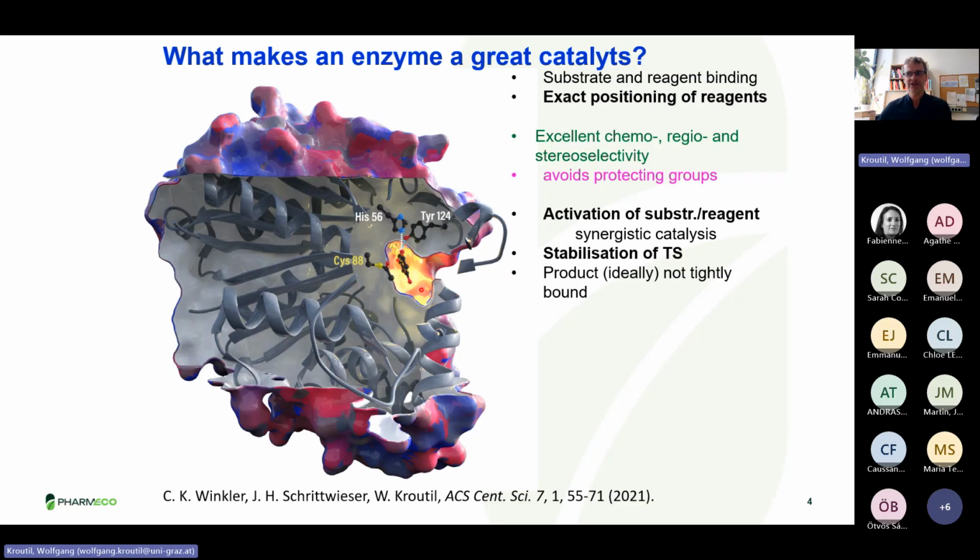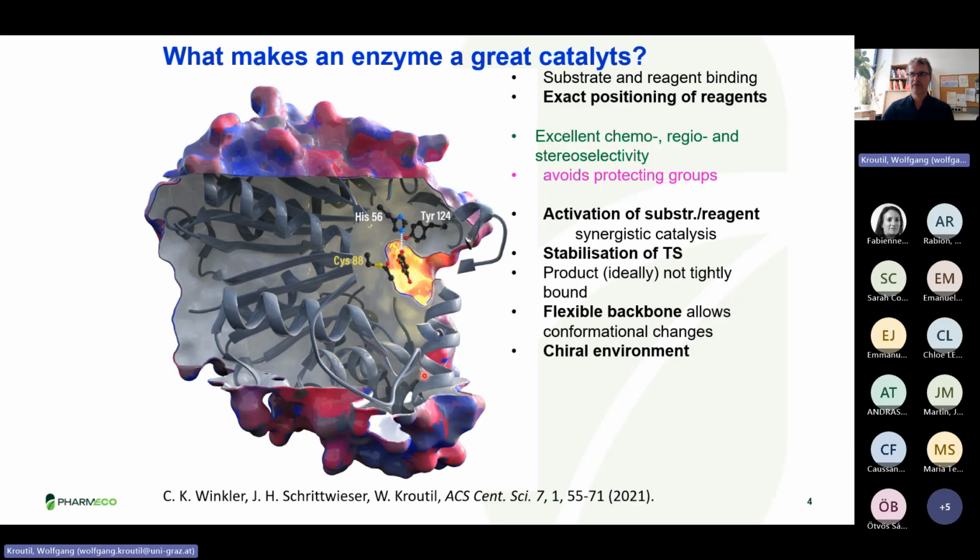This is a challenge and not fully understood yet, but maybe one aspect which helps there is that the backbone of the enzyme is rather flexible. Normally we have this picture of a rigid structure, but actually it's not perfect. Things are moving. Well, as the enzyme is built up by amino acids, and amino acids are chiral, we have a chiral environment.